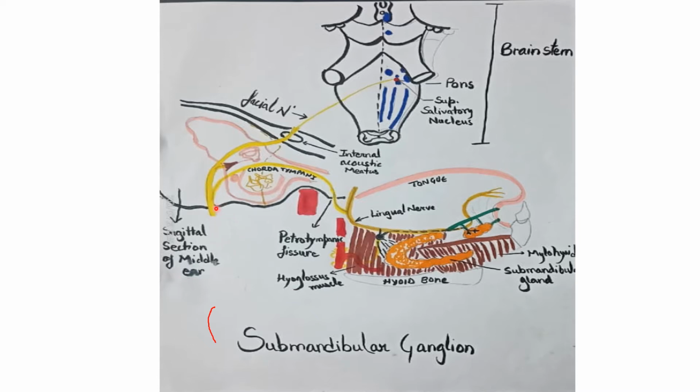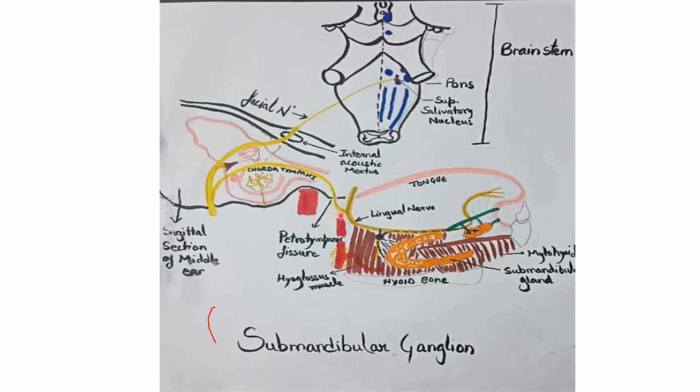Before coming out through the stylomastoid foramen, it gives one branch which is called the chorda tympani. This is the chorda tympani branch which passes behind the tympanic membrane, right? And comes out of the middle ear via a fissure called the petrotympanic fissure.